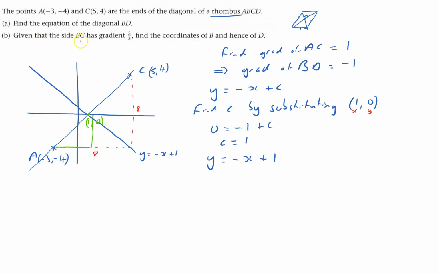Given that the side BC has gradient 5 over 3, find the coordinates of B. You can see it's there, isn't it? Because that would mean it goes across by 3 and up by 5.